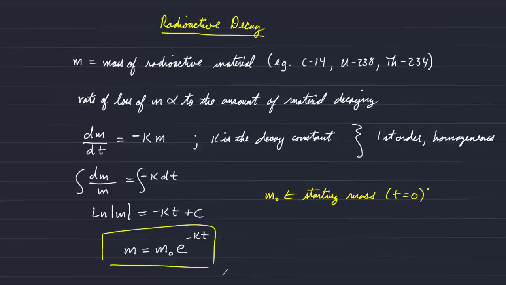And in the context of dating, if we know what the mass is today, we know what the starting mass is, as well as the decay constant, we can determine how long this material has been decaying.